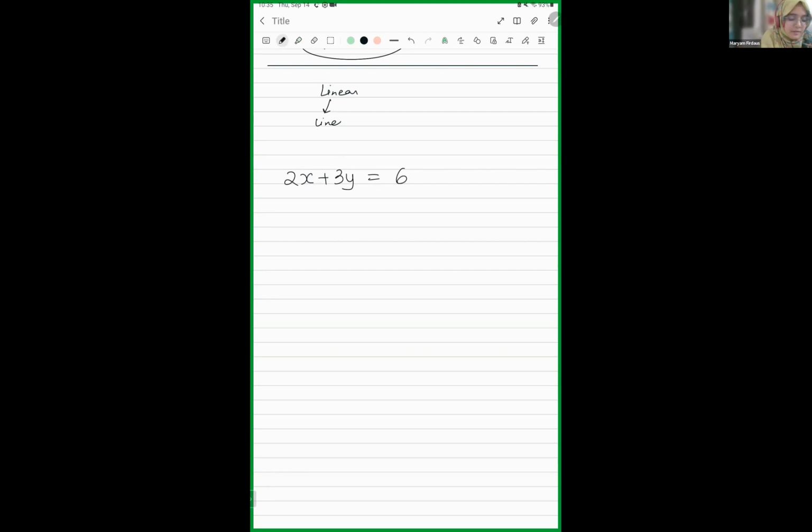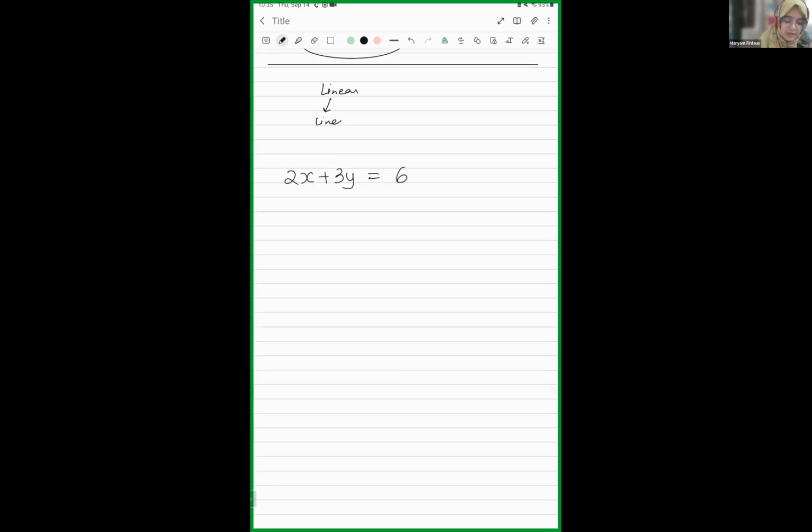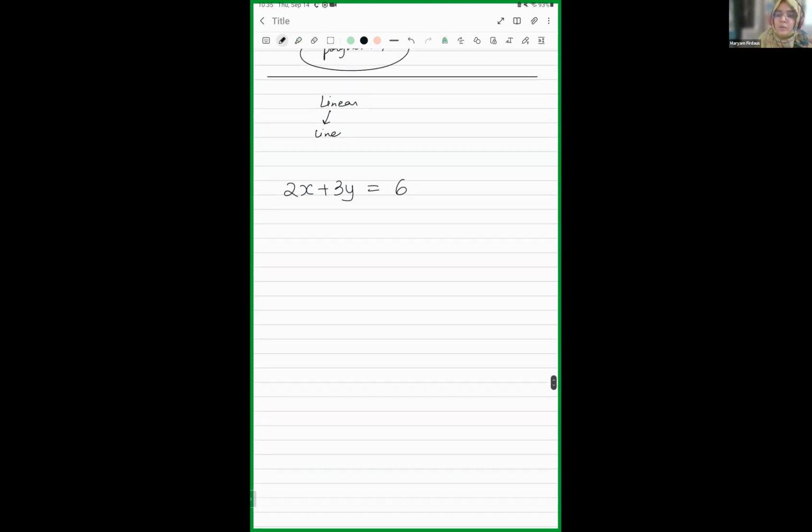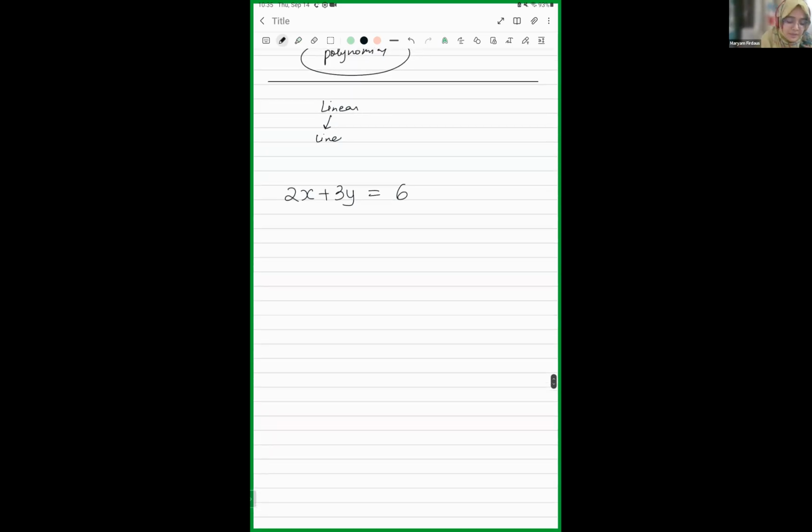We say, I am going to look for points on the line. Why? Because we have studied in Euclid's geometry that in order to draw a very specific line, you need any 2 points in between.